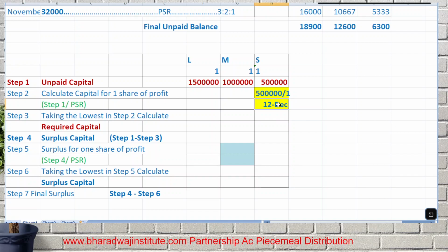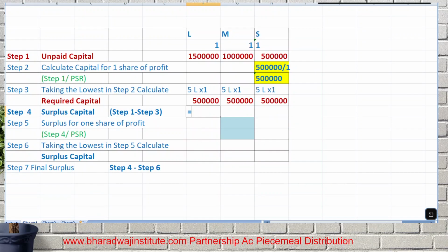Taking that 5 lakhs, calculate the required capital. Simple: 5 lakh into 1, all are in the same ratio. Then you will get the surplus capital. 15 lakhs minus 5 lakhs gives 10 lakhs surplus, and for this one 5 lakhs surplus.